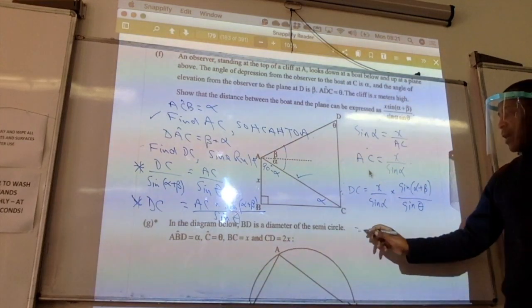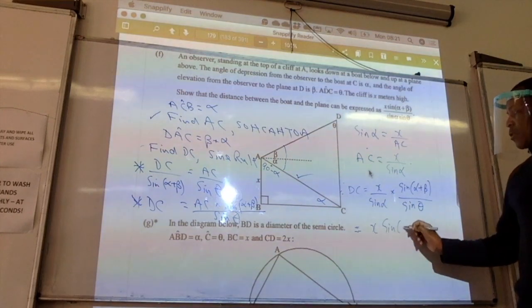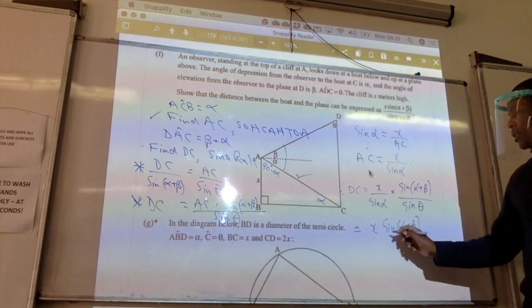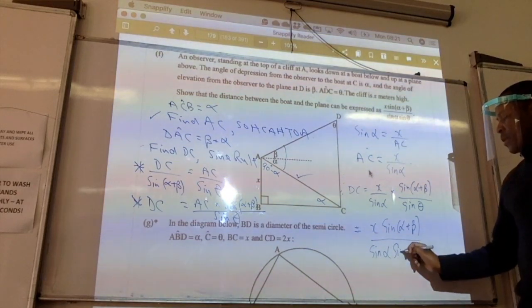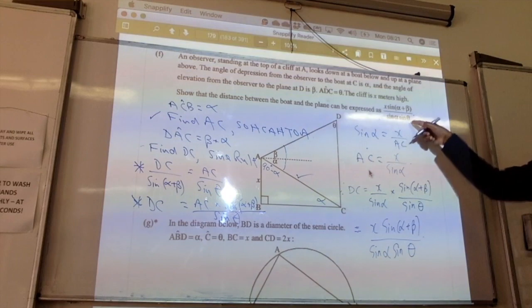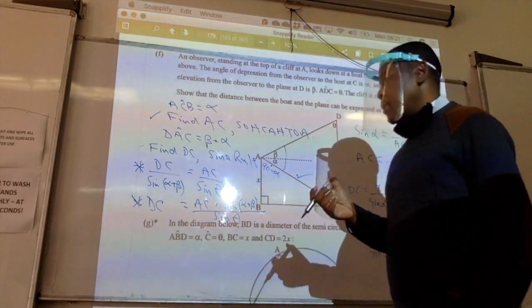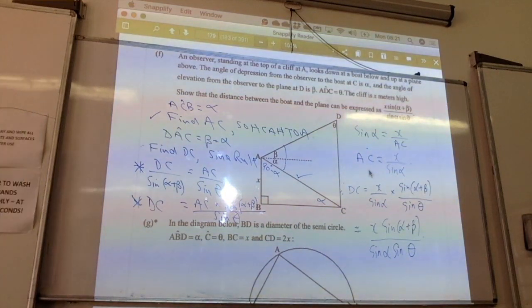Then if you simplify, you get x sine of alpha plus beta divided by sine of alpha sine of theta. And this answer looks like that answer. And so we have shown that the length DC is equal to x multiplied by the sine of alpha plus beta all over sine alpha sine theta.